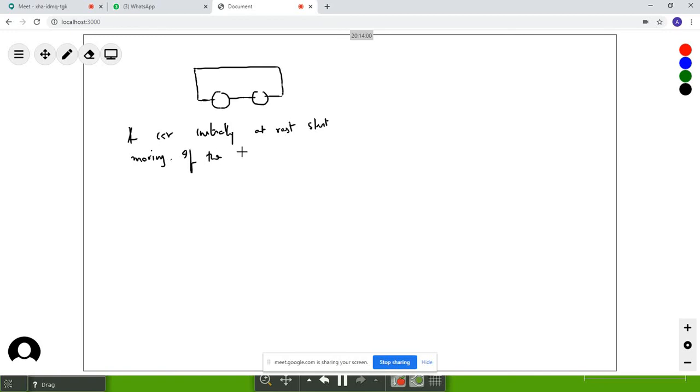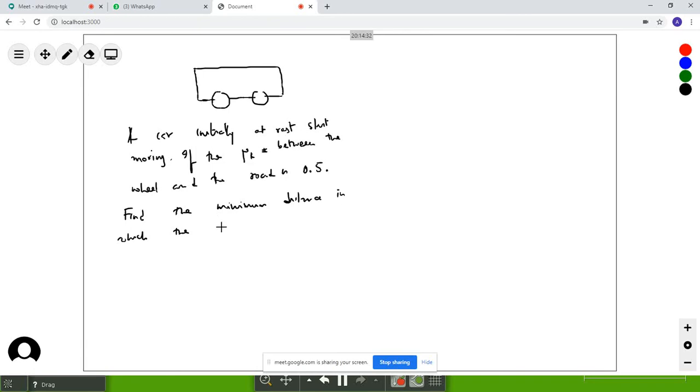I'm just writing: if mu k between the wheel and the road is 0.5, find the minimum distance in which the car achieves 72 km/h speed. Take g equals 10. I am waiting. Do it.